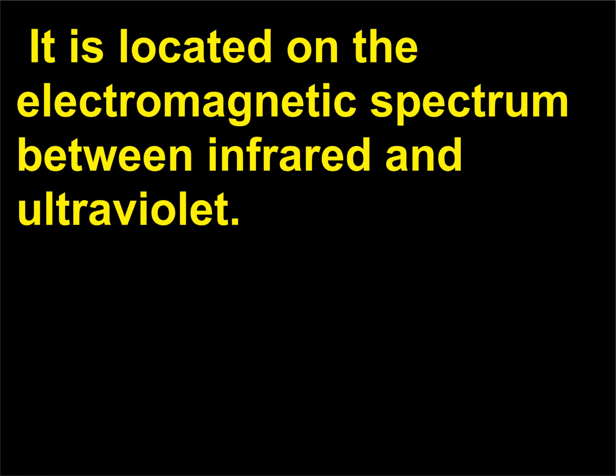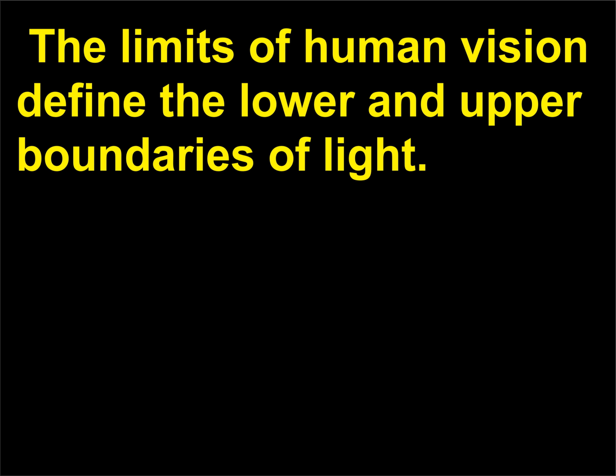It is located on the electromagnetic spectrum between infrared and ultraviolet. The limits of human vision define the lower and upper boundaries of light.